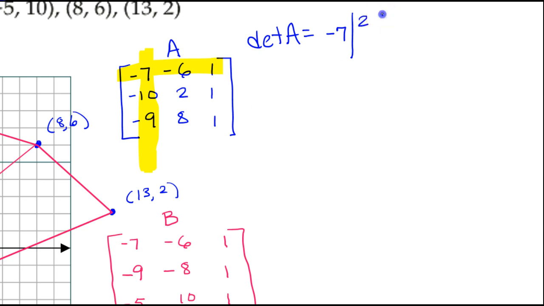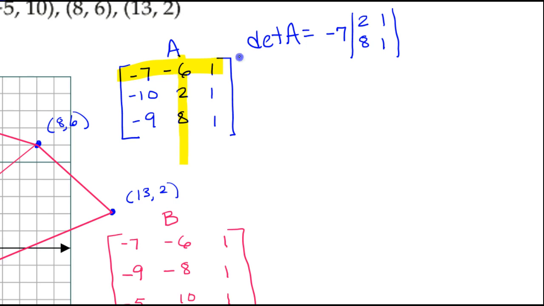So I will put 2, 1, 8, 1. So that's my cofactor and the minor. Now I move on to the next cofactor, which is the -6. So that means I need to cancel out that particular row.